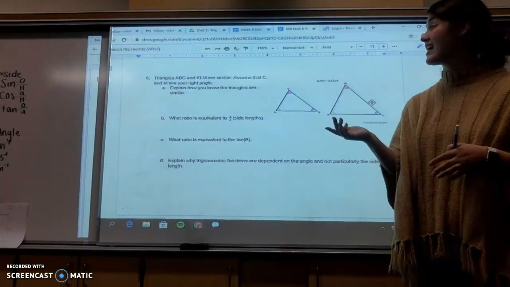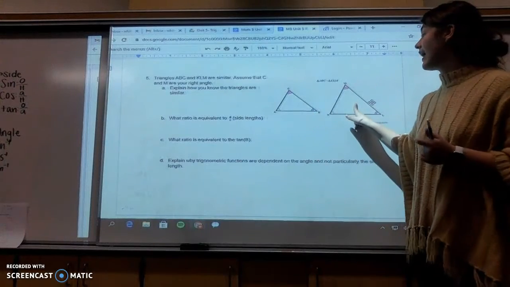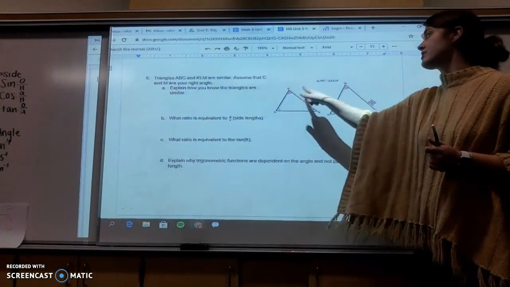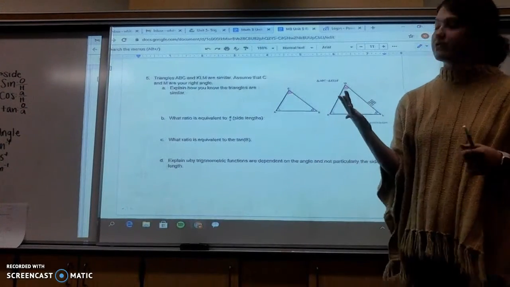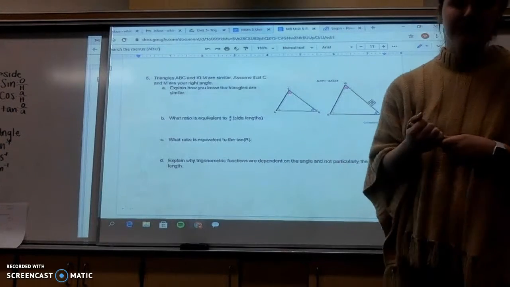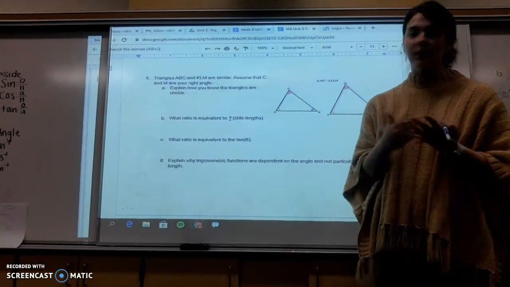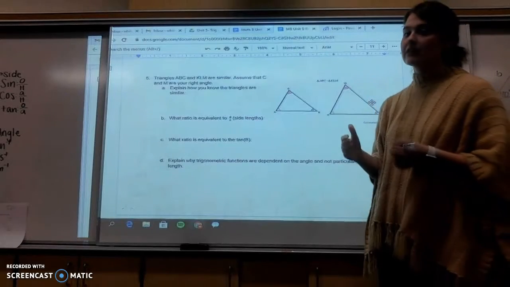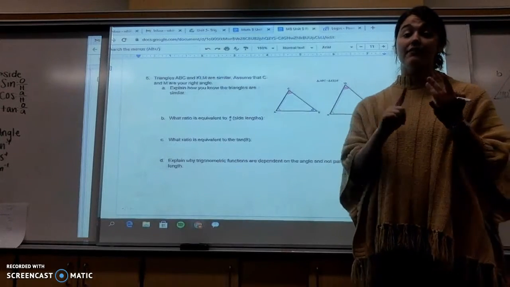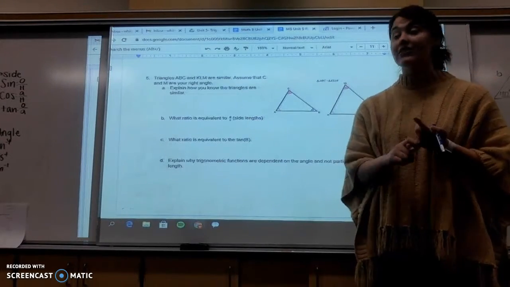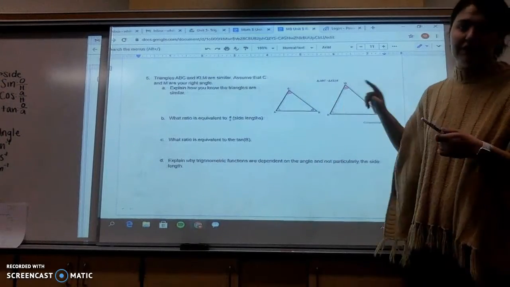this is going to be a question on your test. Triangles ABC and KLM are similar. Assume that angles C and M are your right angles. Explain how we know these are similar. When we talk about similar triangles, there's a couple of identifications. Similar means that they have the same angle measures and that their sides are proportional to each other.